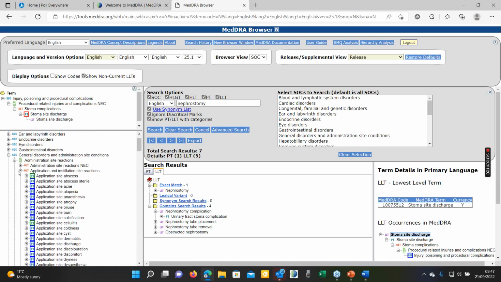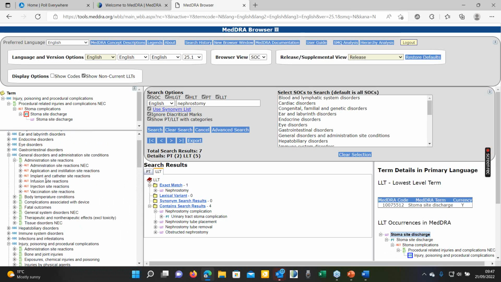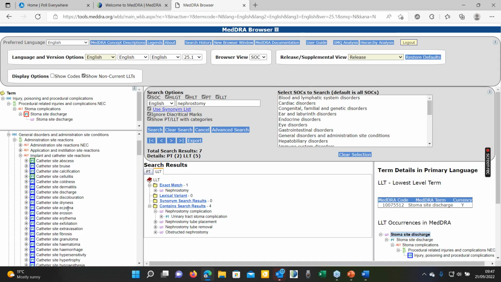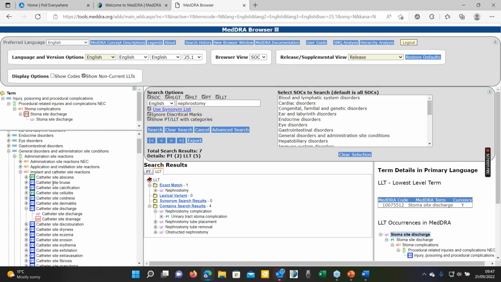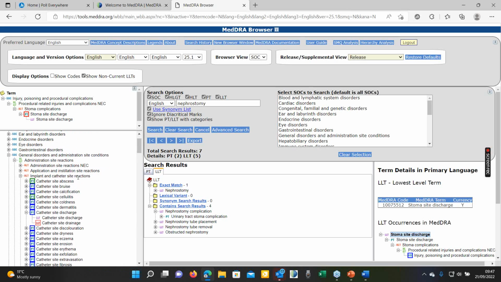Where's my catheter term there? Below. There we are, implant and catheter. Sorry, I'm leaning forward. The catheter, implant and catheter site reactions, and there they all are. Thank you, Caroline. Catheter site discharge is a PT there. The LLT and PT are the same, and it's under implant and catheter site reactions.